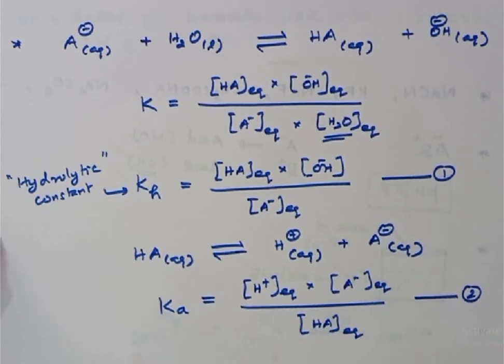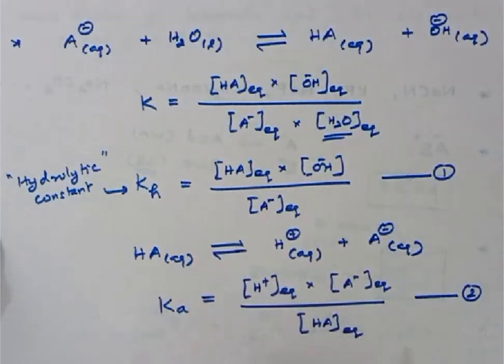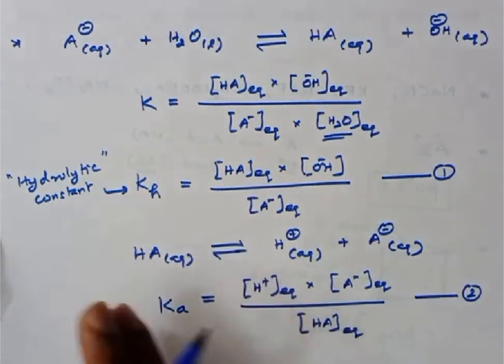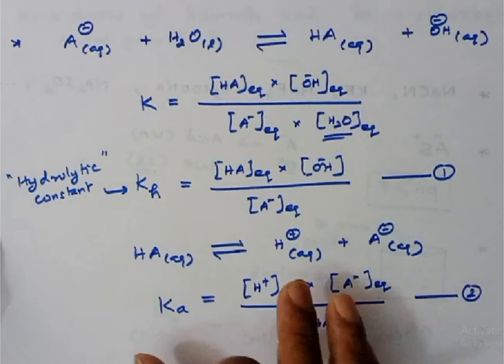Now, what I'm going to do is multiply equations 1 and 2. The left hand side we multiply separately, and the right hand side we multiply.